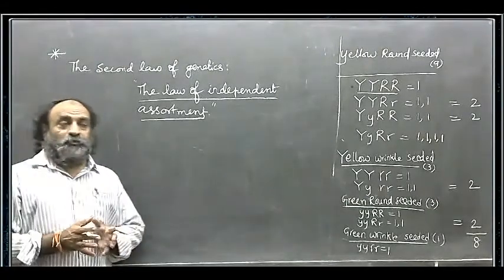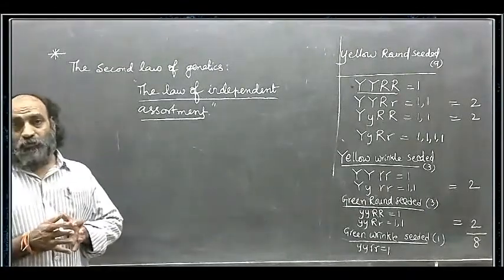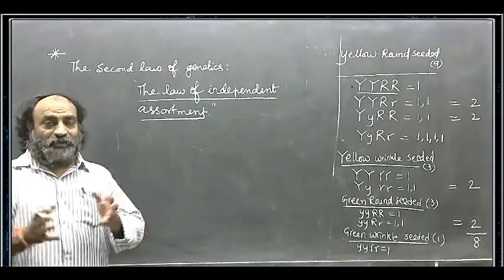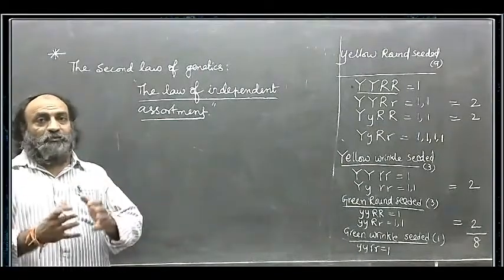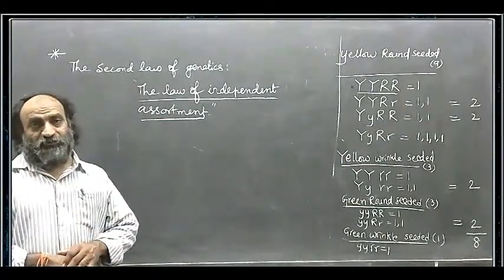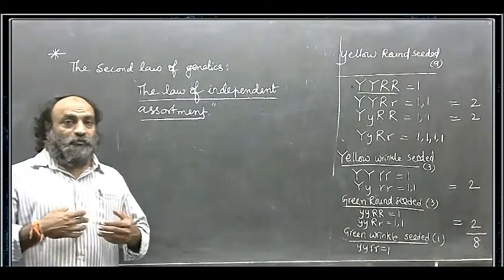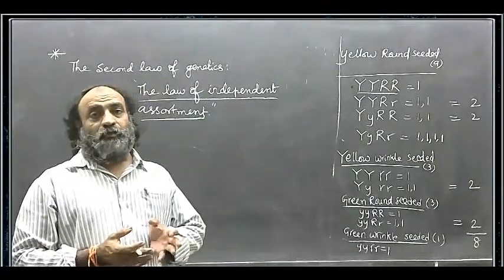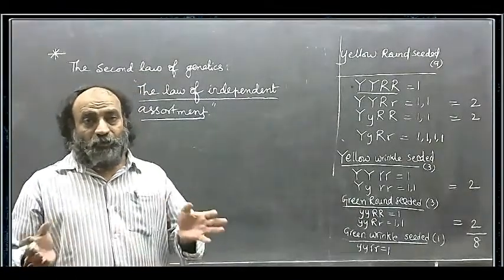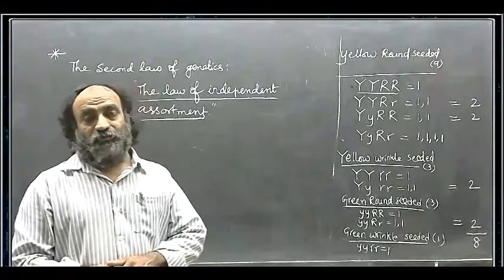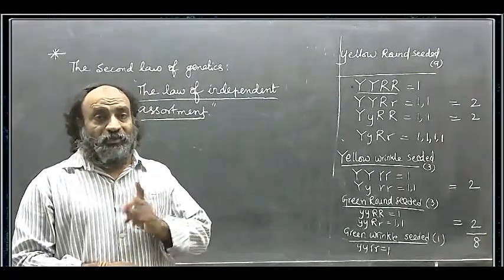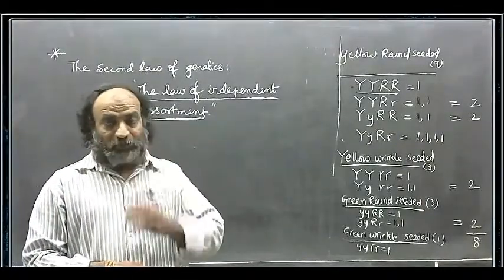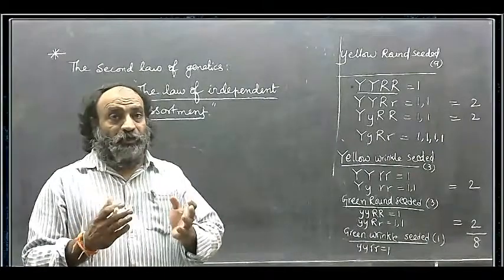When two or more contrasting pairs of characters are brought together in a cross, the inheritance of one contrasting pair of characters is independent of the other.